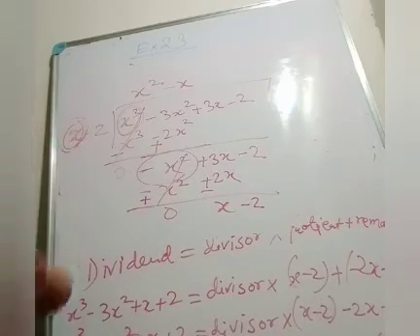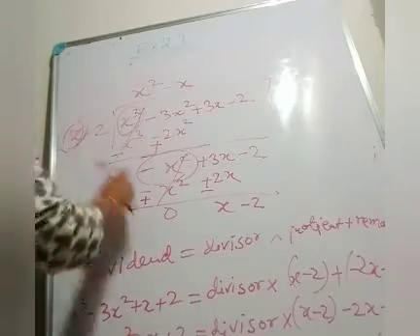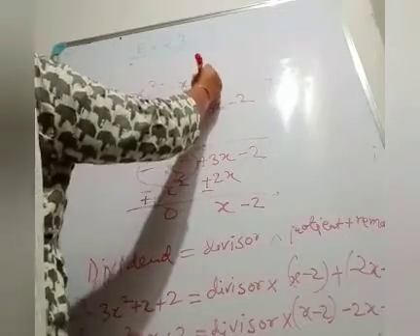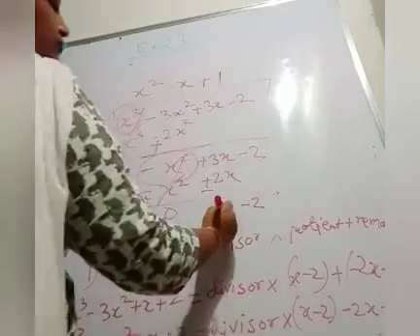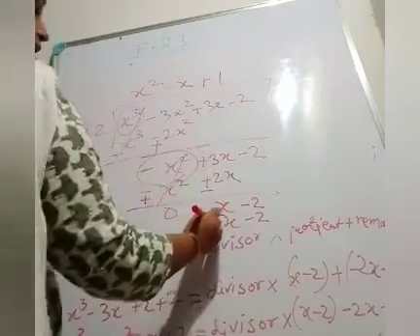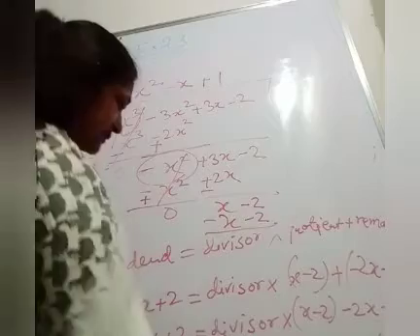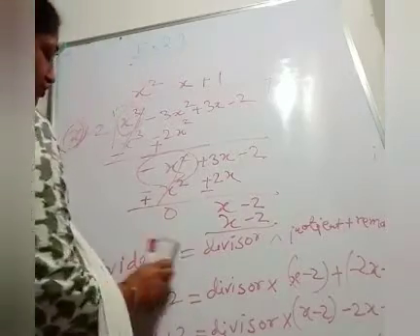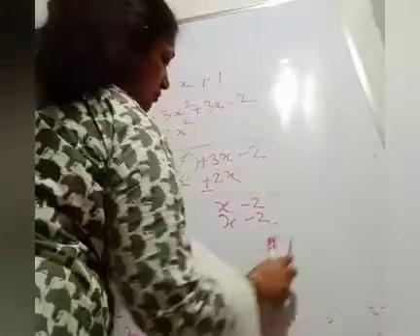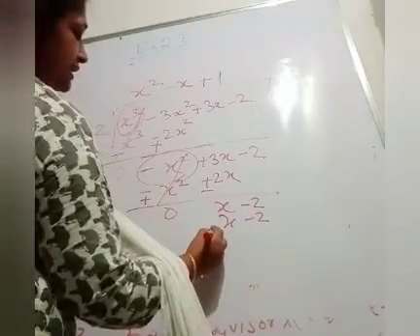So x minus 2, here divisor is x minus 2 and the remainder is also x minus 2. So multiply x minus 2 with the 1, we will get x minus 2. So again the quotient is plus 1. Again subtract this x minus 2 by changing their sign.